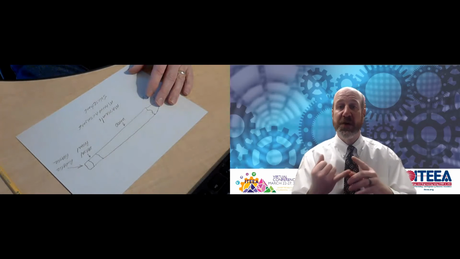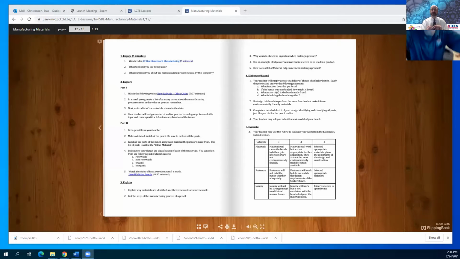As the students either orally start explaining how things are manufactured, or they actually turn in something, we can start to formatively assess, hey, are they on the right page?